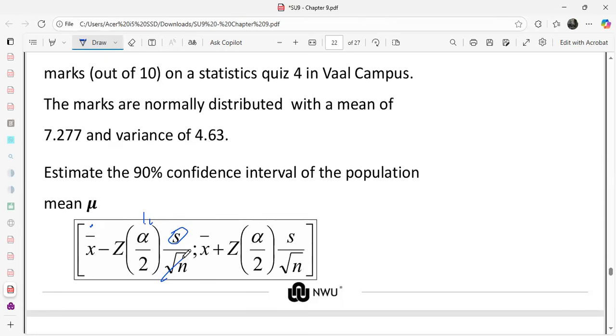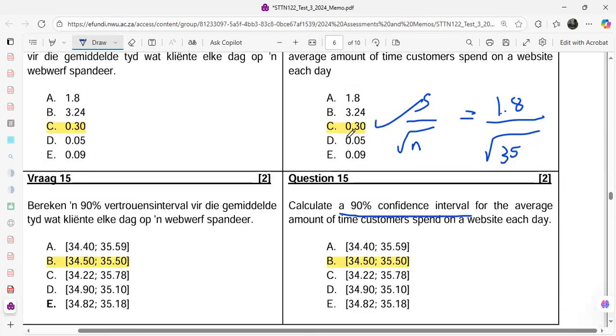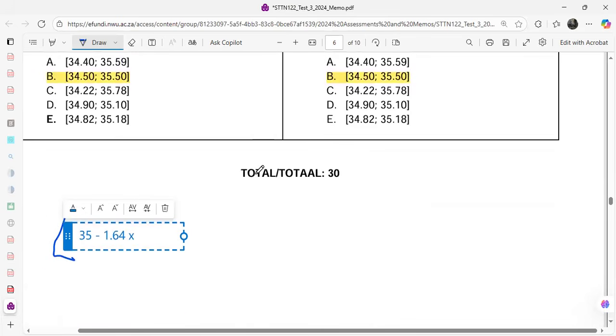There's no need for me to calculate this one because I got it on the previous question. I just substitute that value, 0.30. Now I'm done with this part.